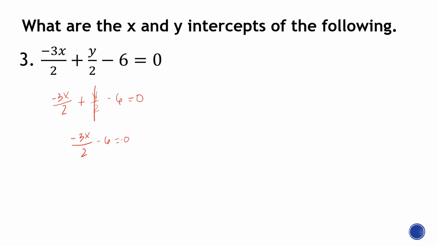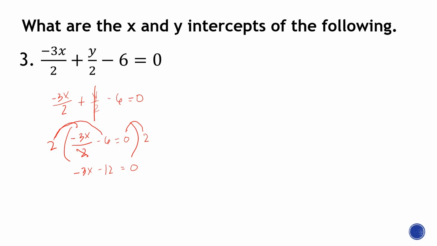And then after that, we want to make this equation simpler, right? We don't want a fraction, so we will multiply both sides by 2. If we multiply that here, that will cross out, and then we multiply that to negative 6. This will be equal to negative 3x minus 12 equals 0, of course.